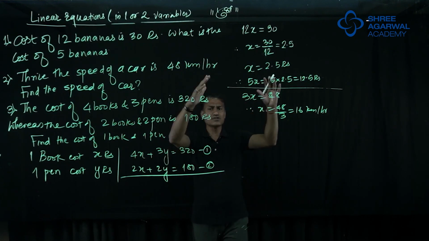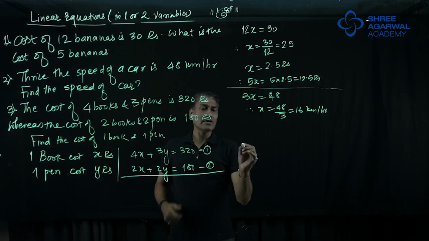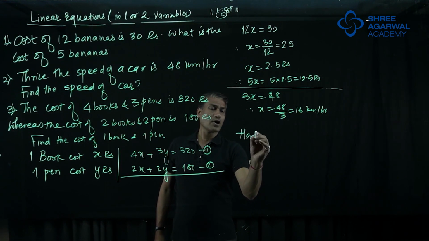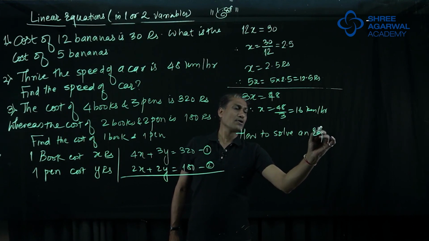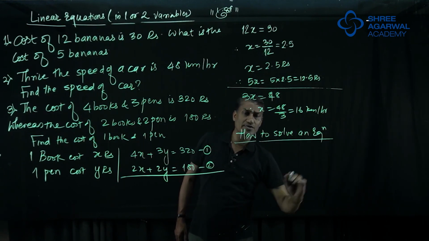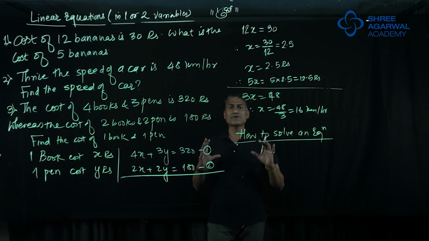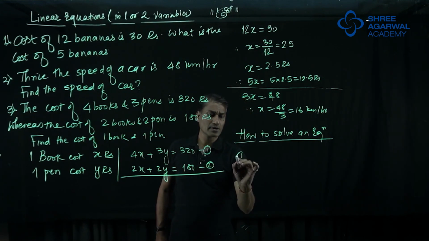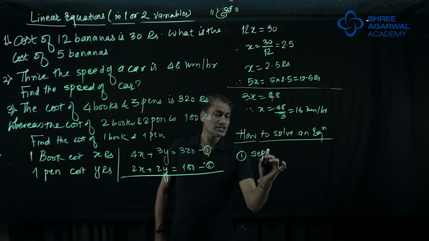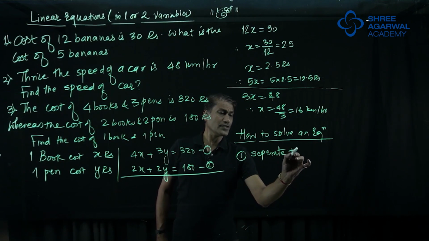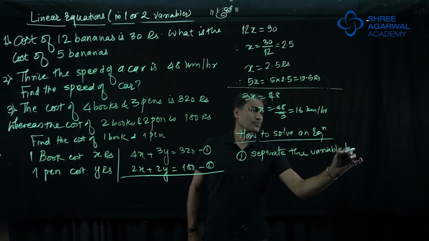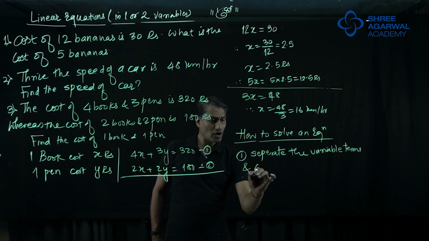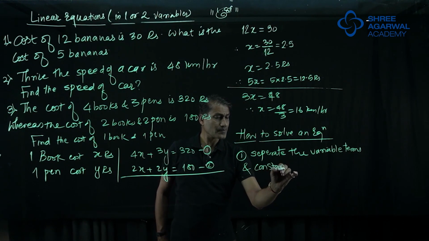Now, here if you have understood how to solve an equation, what are the steps in solving the equation? The steps in solving the equation are: separate the variable terms and constant terms.